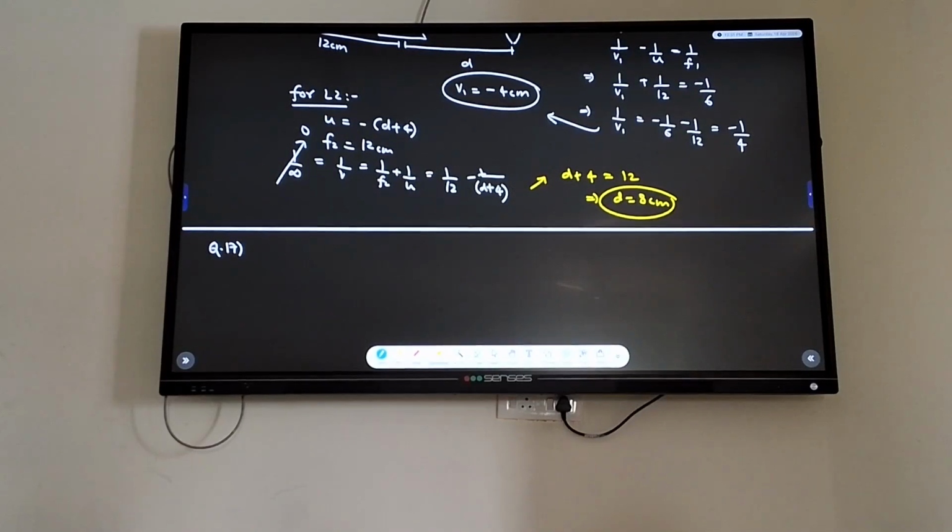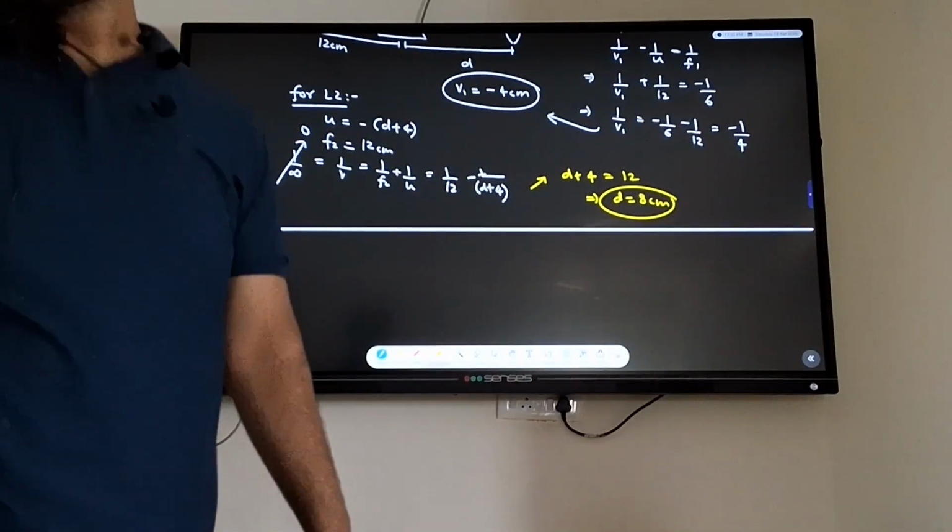This is the object that we got, the virtual object is in this direction. 5 times.